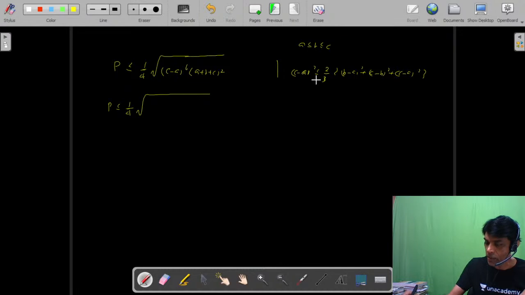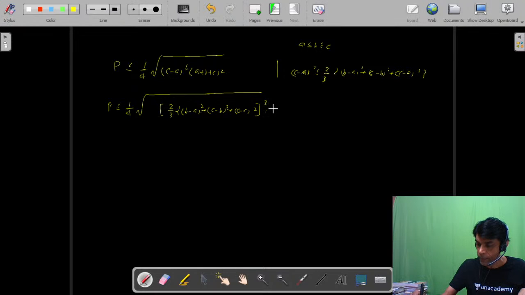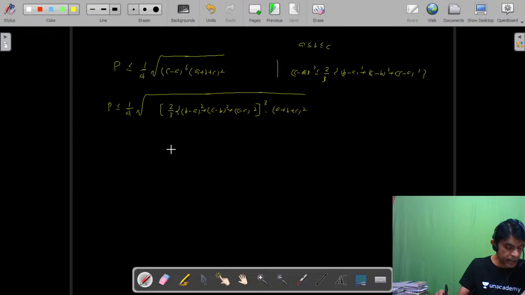So c minus a squared is less than or equal to 2/3 of this big thing, b minus a squared plus c minus b squared plus c minus a squared, and this whole cubed, because c minus a squared is there. So this is this one, and a plus b plus c whole squared. Just take a good look at it. This is essential to check.